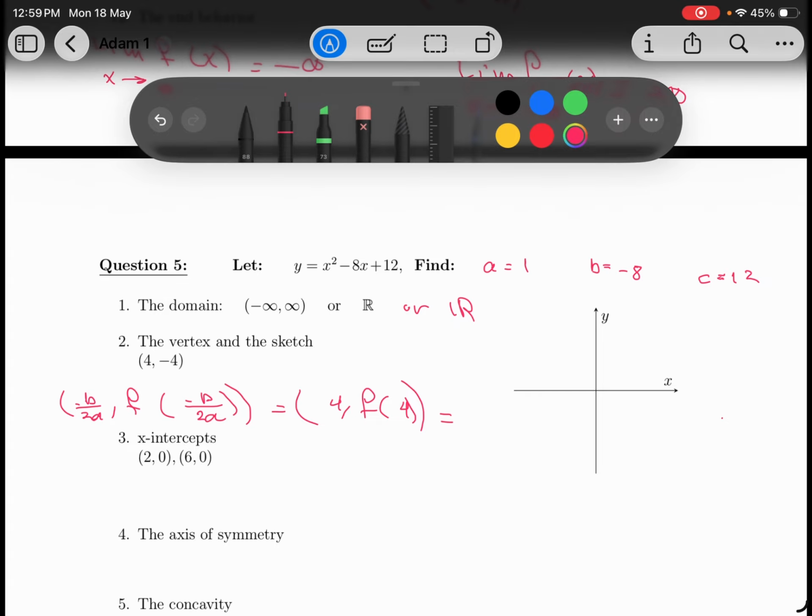So it will be, as you see, guys, 4 and minus 4, the vertex of this function. So I will assume that this point here is 4 and minus 4. So here we have the value of 4, and minus 4, the y coordinate.